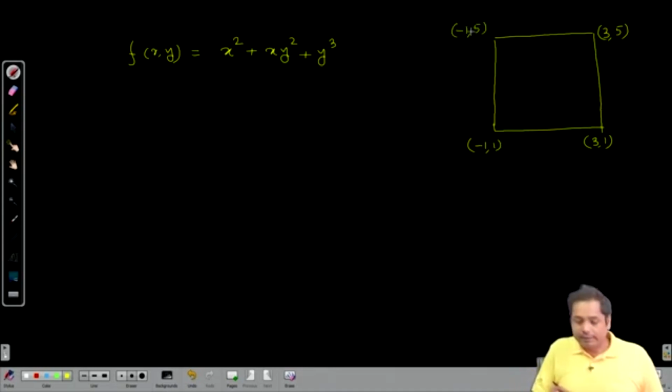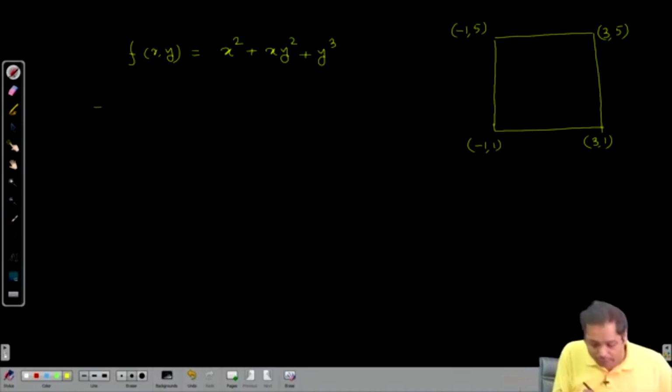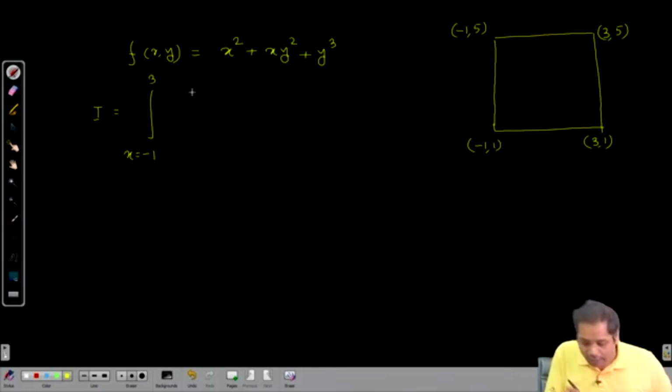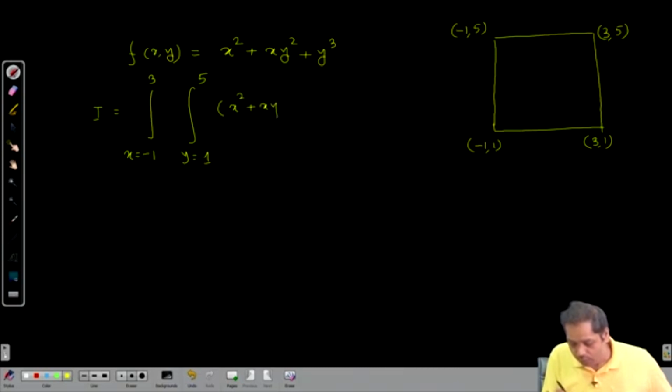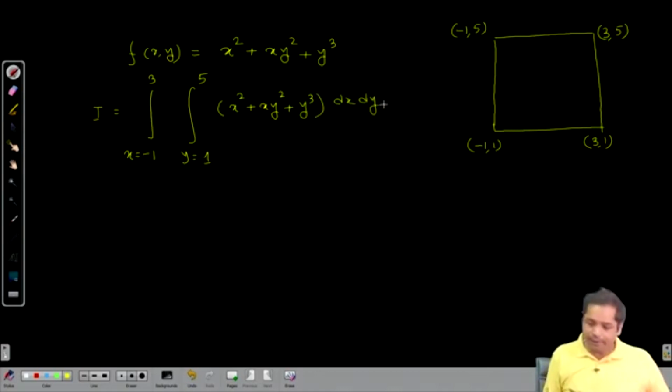Now I want to integrate this function over this domain, so the integration I will be the integral for x from -1 to 3 and y from 1 to 5 of x square plus x y square plus y cube dx dy.